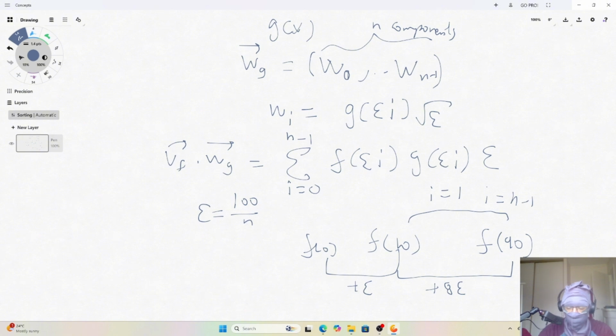So this is the range of the domain of f(x) g(x).